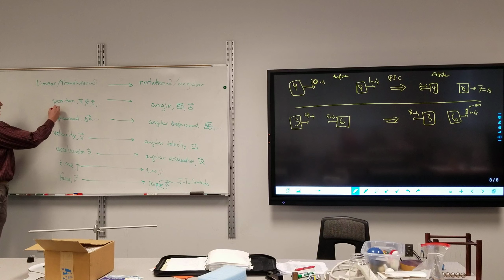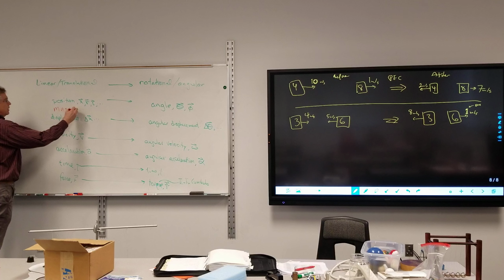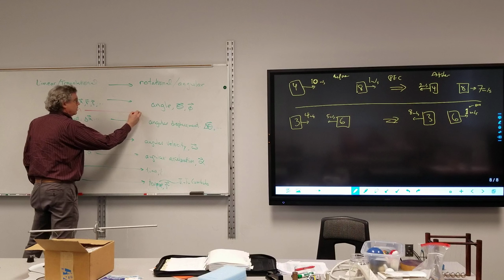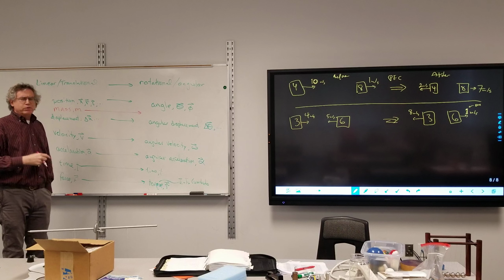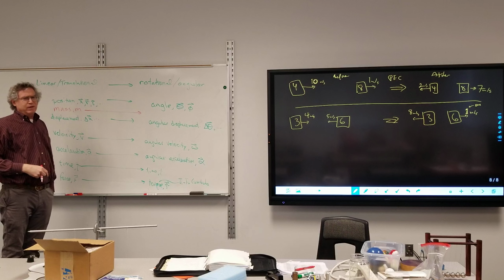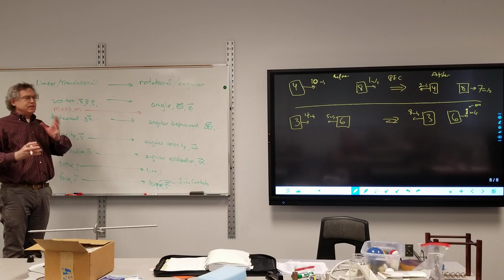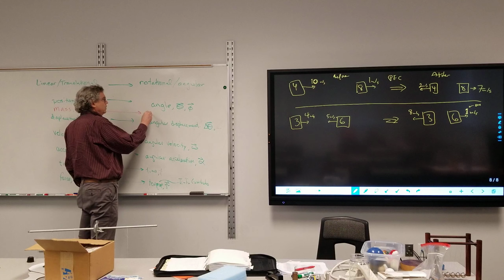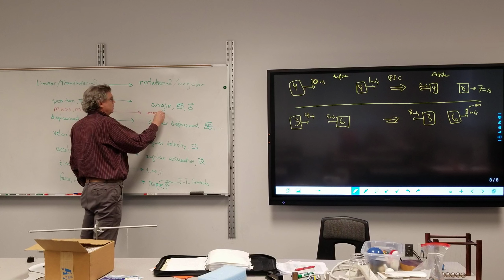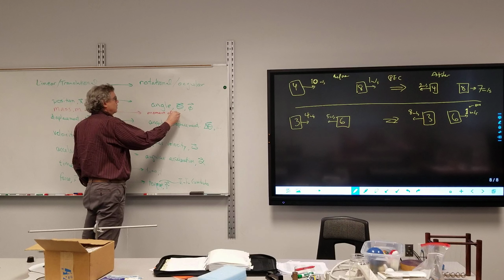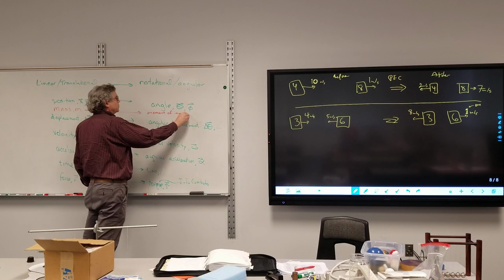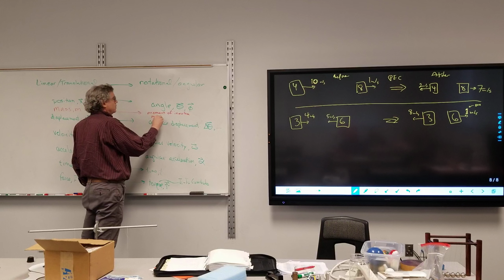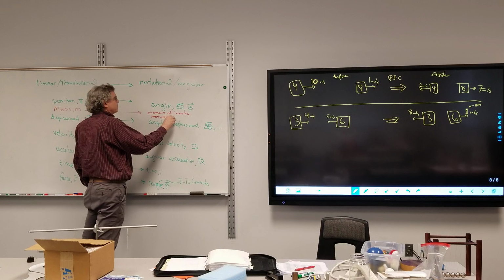Squeeze in here mass. Now, the rotational analog of it has two different names, and I tend to call it moment of inertia, although some textbooks will call it rotational inertia. Not as big a fan of that term.